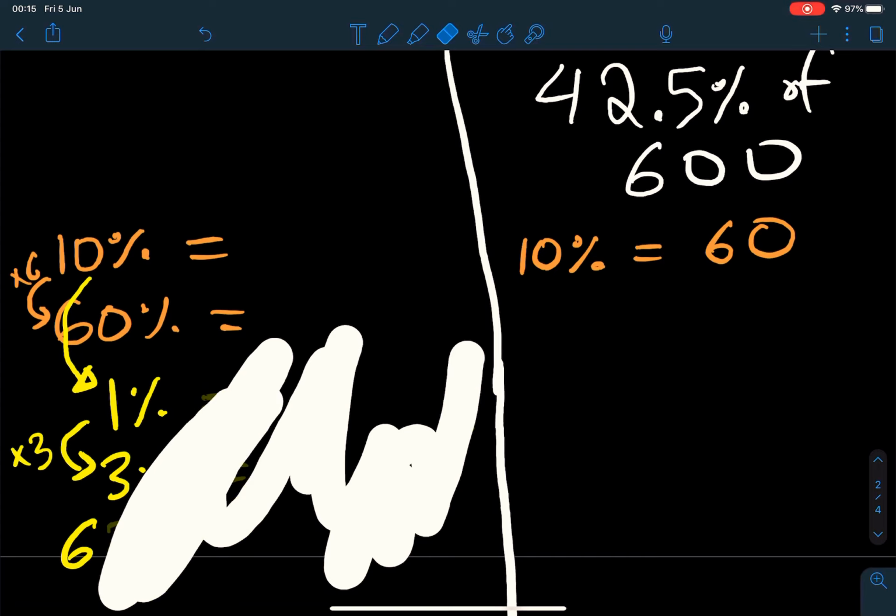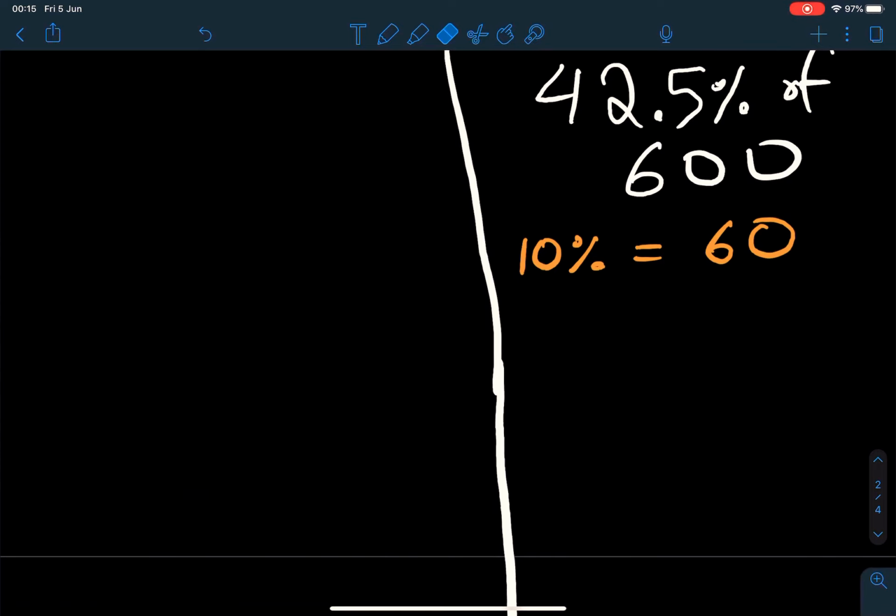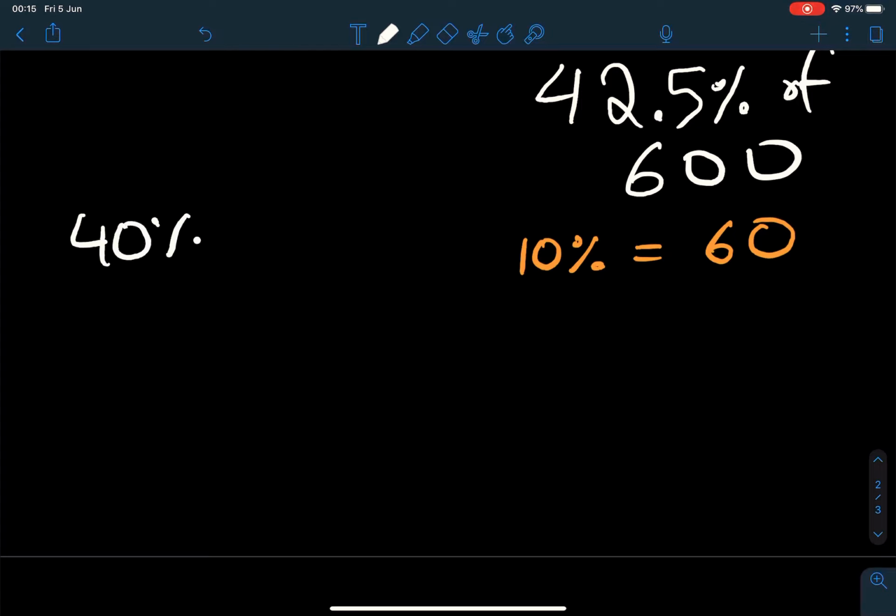Didn't rub out as nicely as I'd hoped. Okay, there. So, if 10% is 60, I want 42.5%. I'm going to write it down over here. I'm going to work out 40%, I'm going to work out 2%, and then I'm going to work out 0.5%. I'll think about how I do that in a second. So these are the three things that I need.